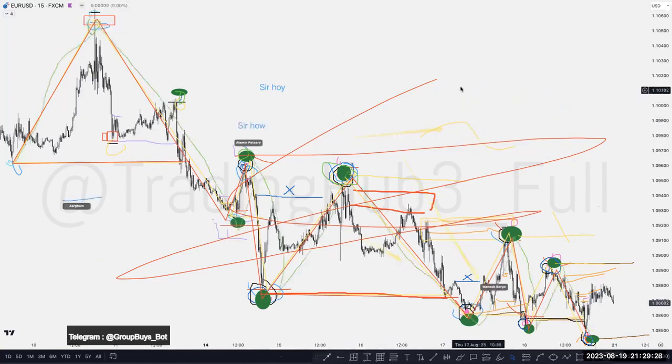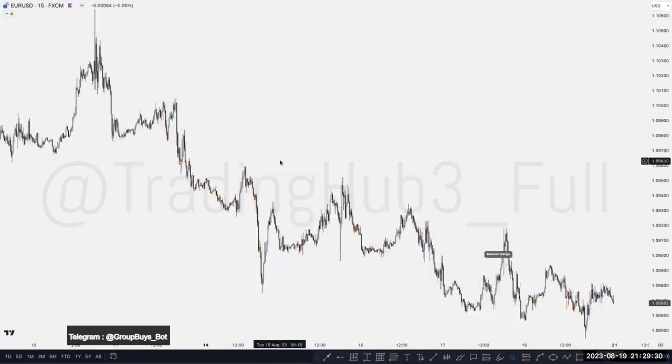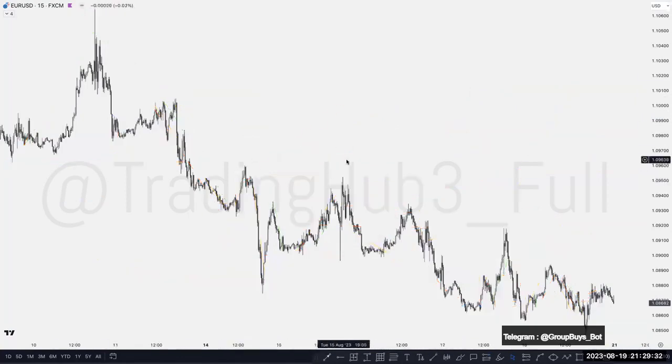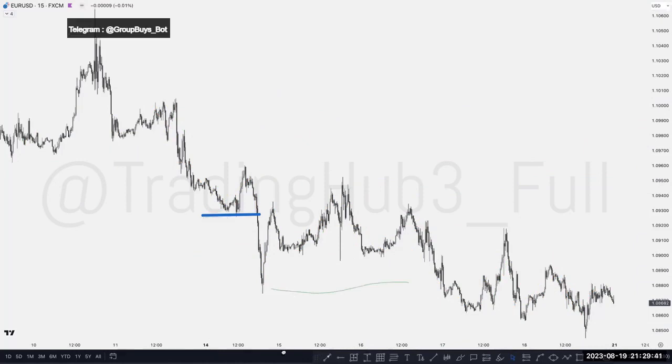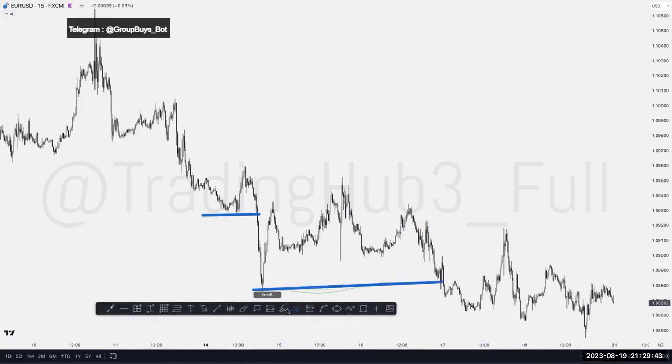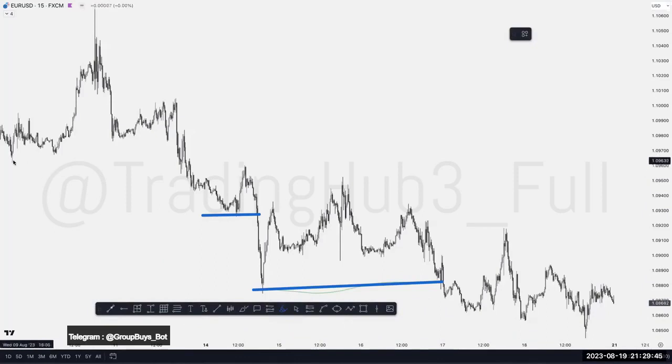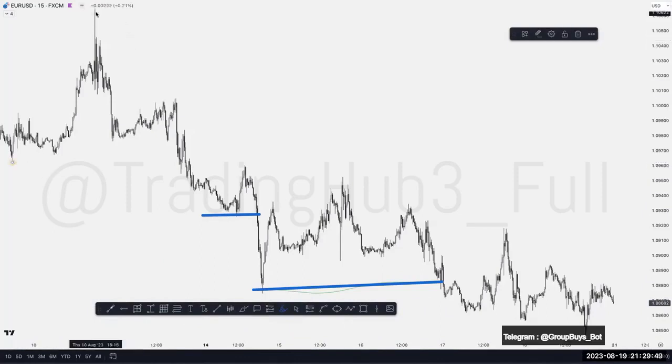First of all, we need to mark the structure here. I'm going to show you. Marking the structure, this is a lower low and this is our lower high right here.